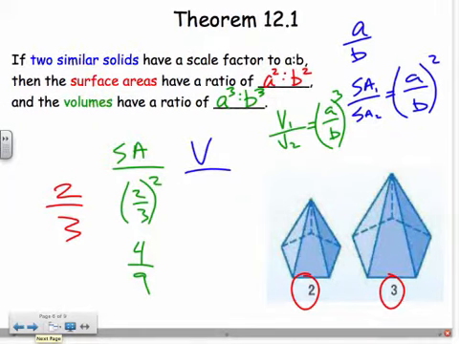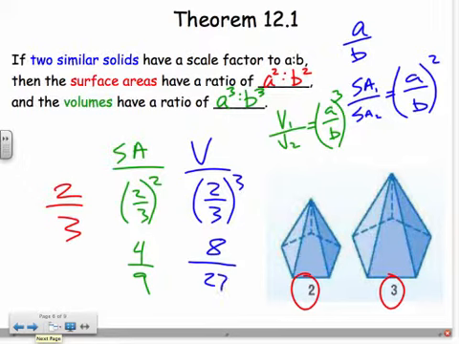And the volume ratio would be 2/3 cubed. So in this case, 8 to 27. So we just apply those different ratios, depending on whether it's surface area or volume, if we know the scale factor.